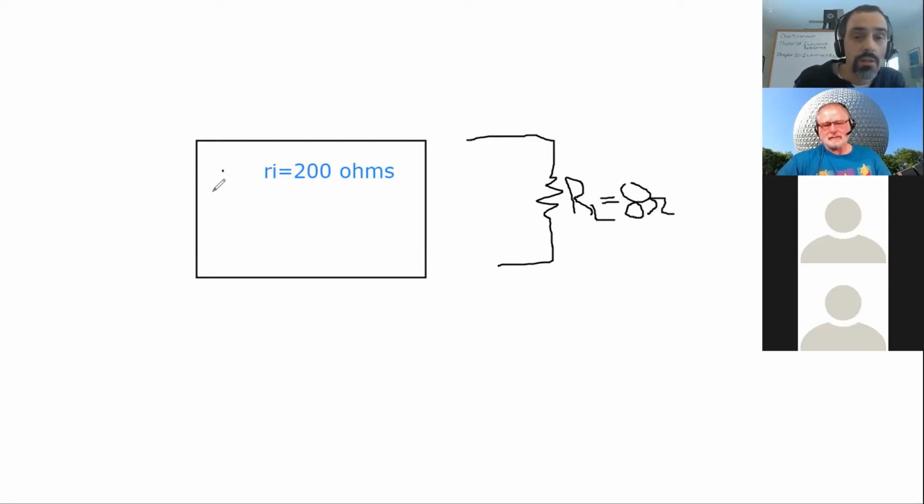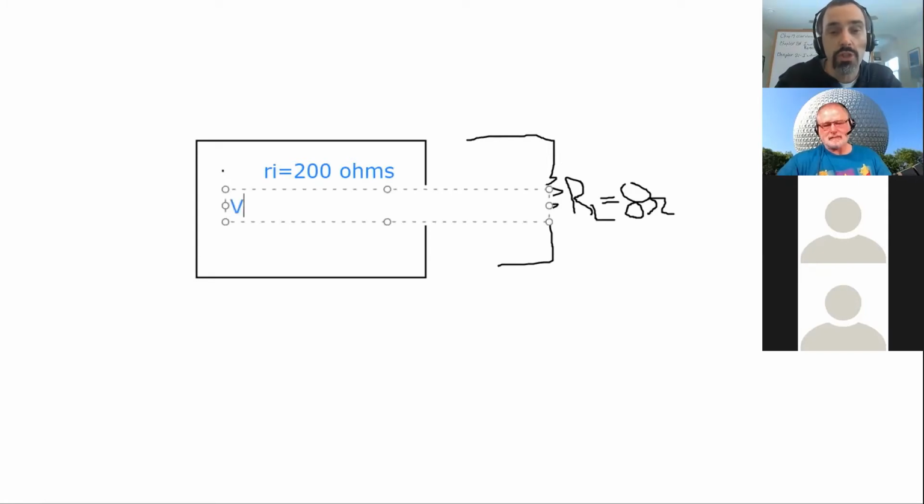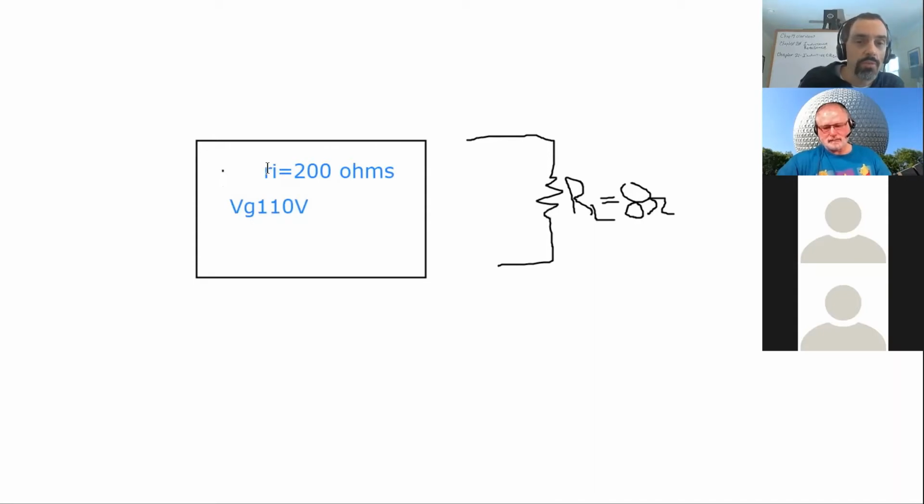And let's say the generator is running voltage at the generator. That's VG, voltage at the generator, and let's say it's 110 volts. So basically, this is the resistance of the generator itself. That's 200 ohms.